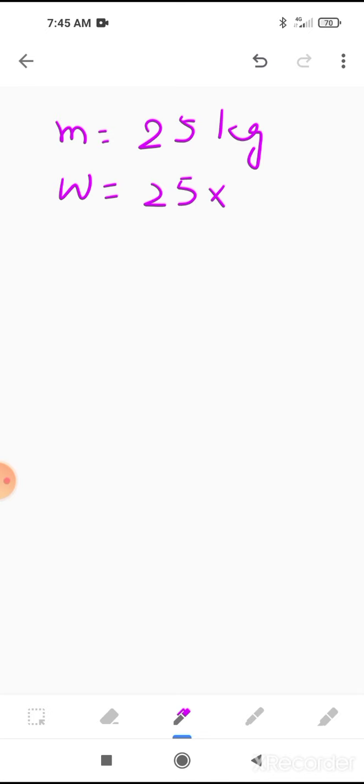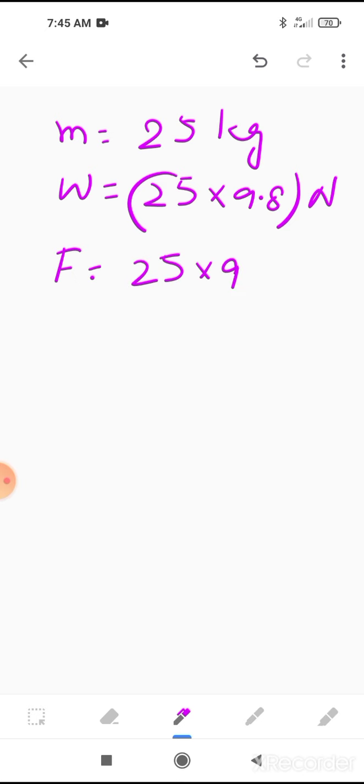So here mass of the bag is 25 kilogram. So weight is m into g, 25 into 9.8 Newton. So the force needed to lift the bag is equal to the weight of the bag.